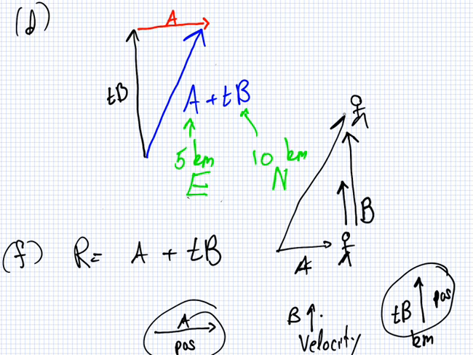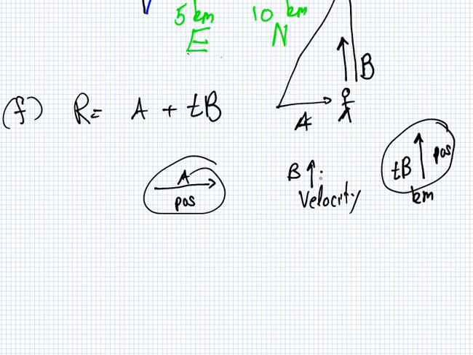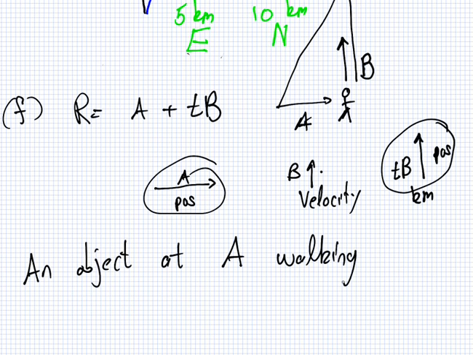Yeah. So it's length for TB. Okay, let's have a look at what's next. Okay, so draw TB. So what's going to happen with TB? It's just going to be a line to the north, which is 10 kilometers. That's it.